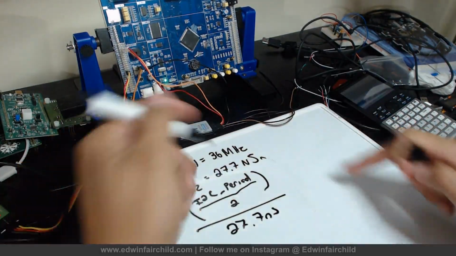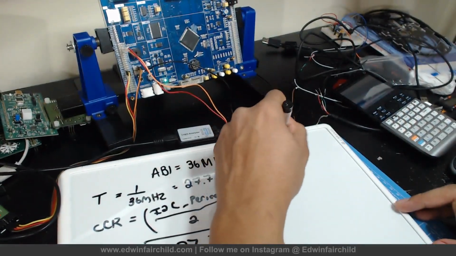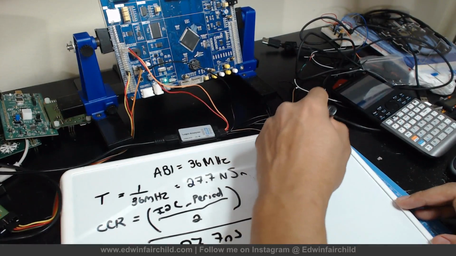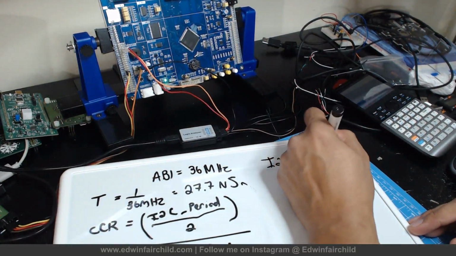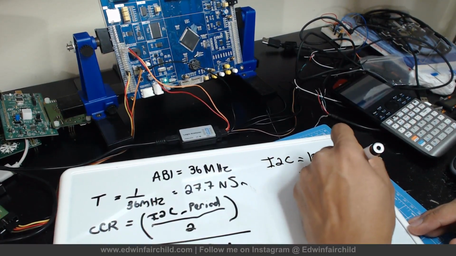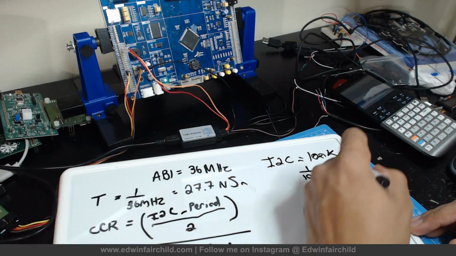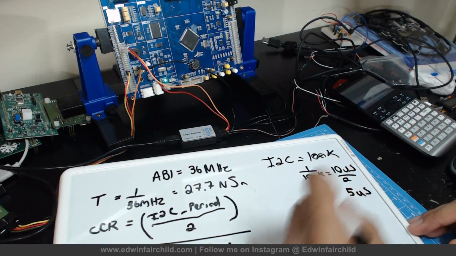So we said we wanted an I2C frequency of 100 kilohertz, right? We got the period of 100 kilohertz is 10 microseconds. We divide that by 2, and that gives us 5 microseconds.